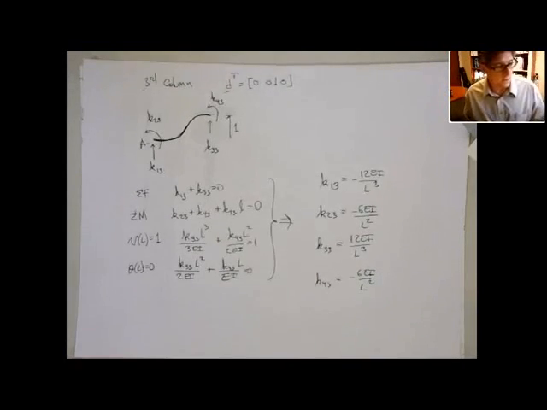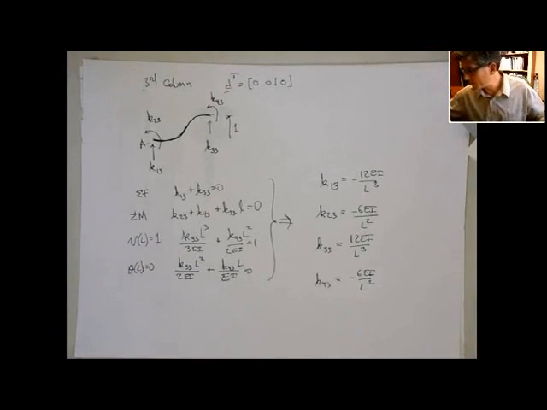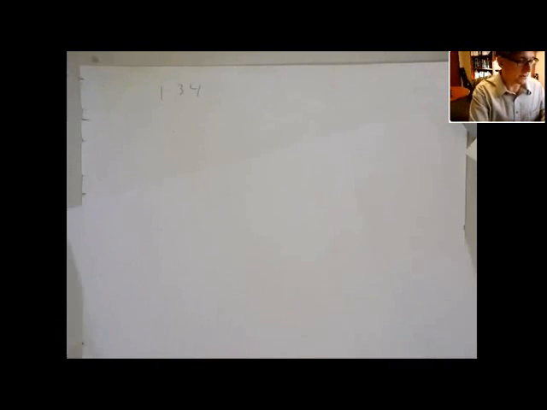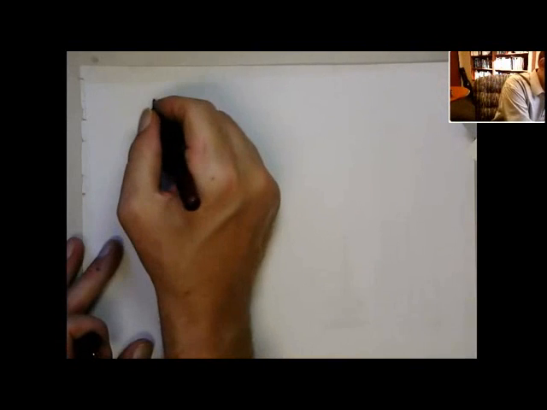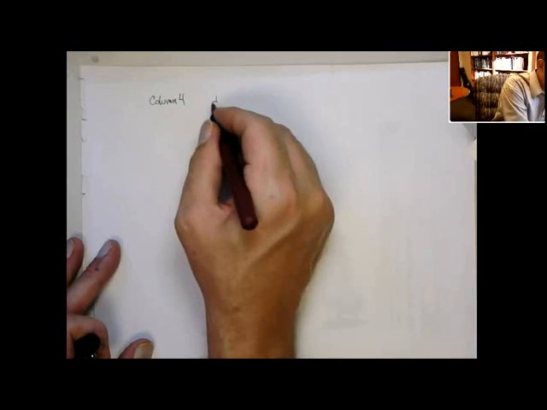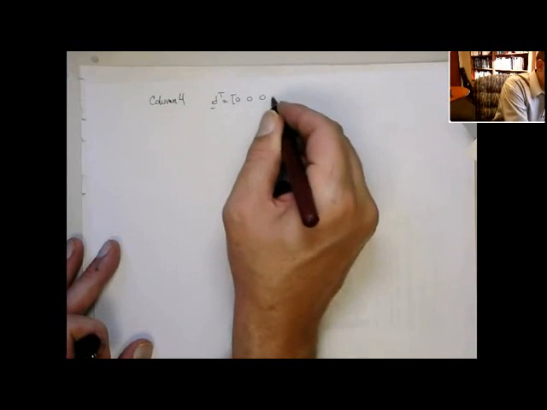All right? And then the last one we do is the 4th column. Here, the displacement vector is 0, 0, 0, 1.